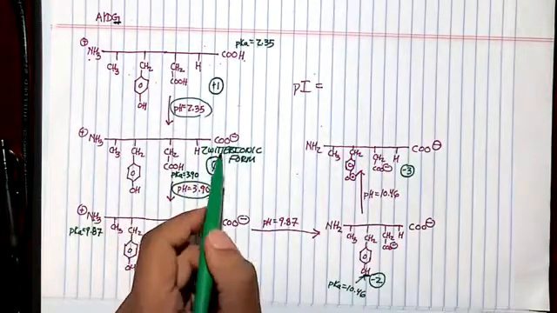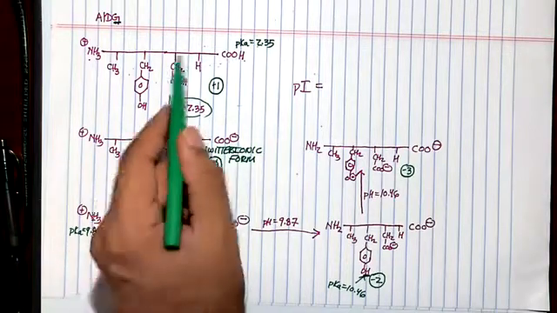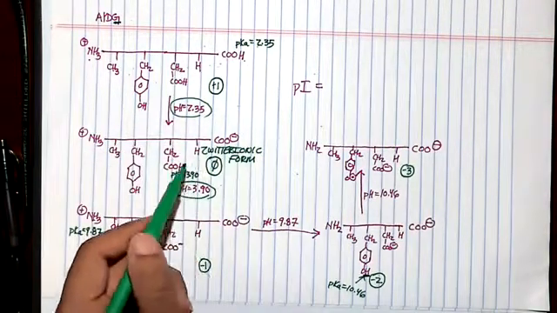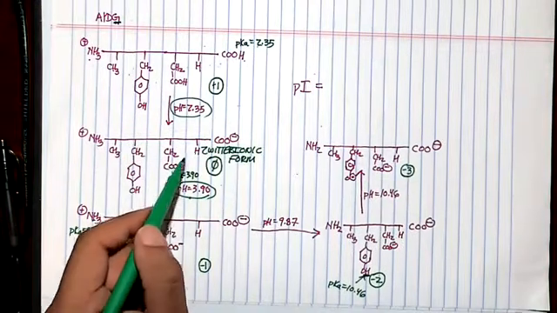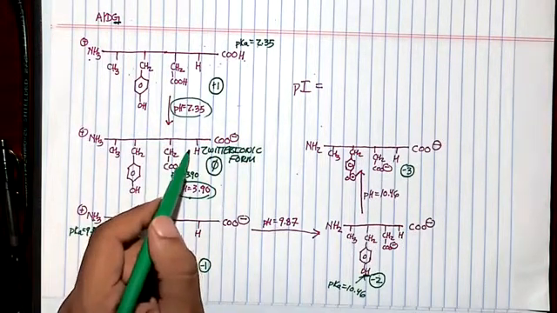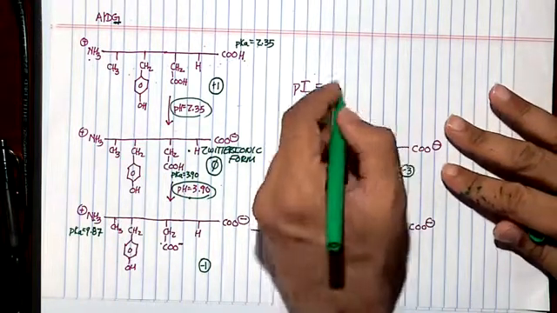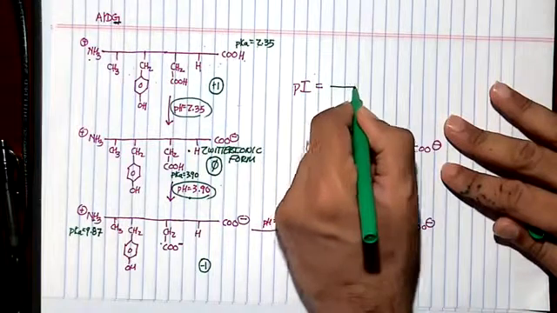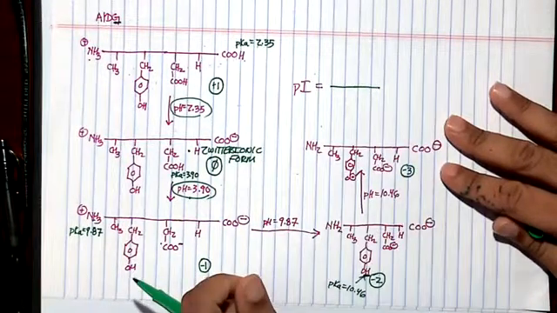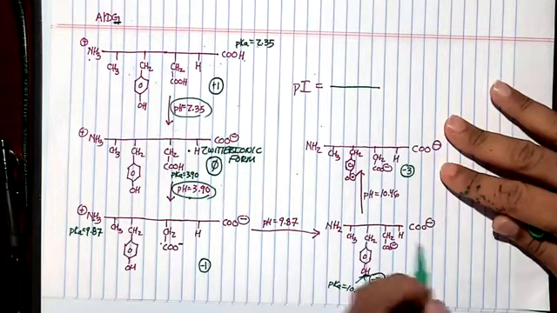Okay, so 50% of the Zwitter ion exists at pH 2.35 along with this guy. And at pH 3.90, 50% of the population of this tetrapeptide exists here, and the other 50% exists as that guy.